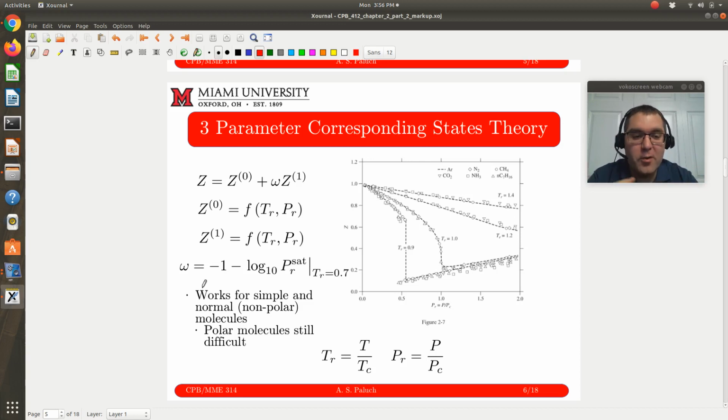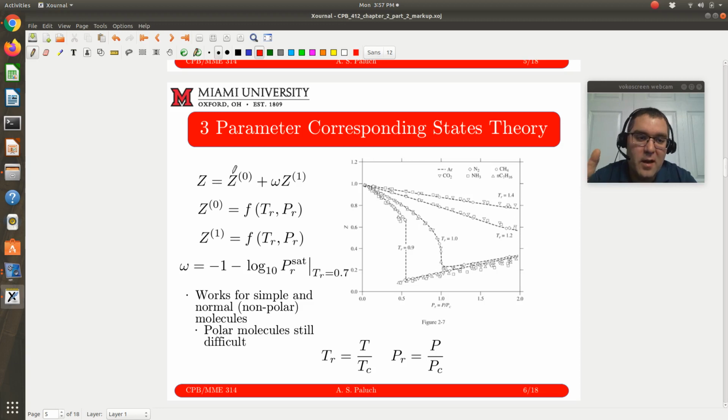So he introduces a third parameter, and then extends the method so that he has Z naught, which is the compressibility you would get from two-parameter corresponding states theory. If I'm a simple fluid, my eccentric factor is just 0; that's how we set this equation up. And then he has a correctional term.